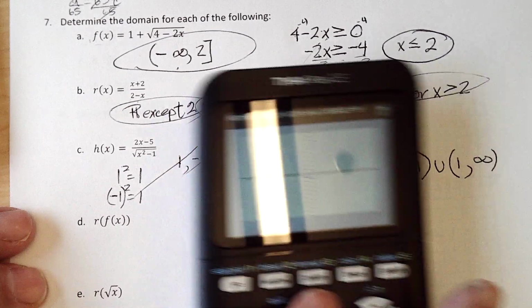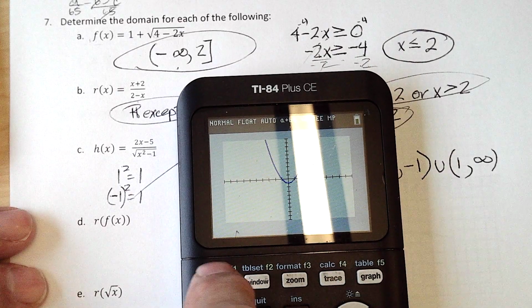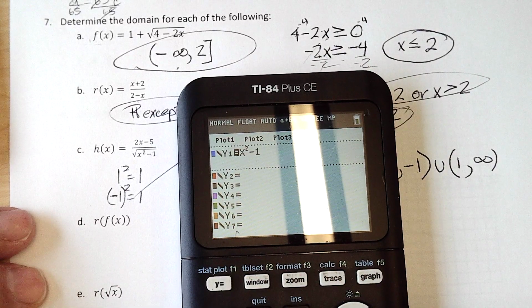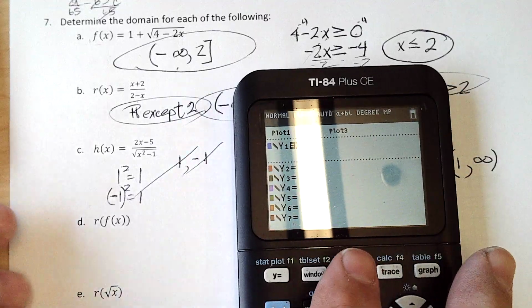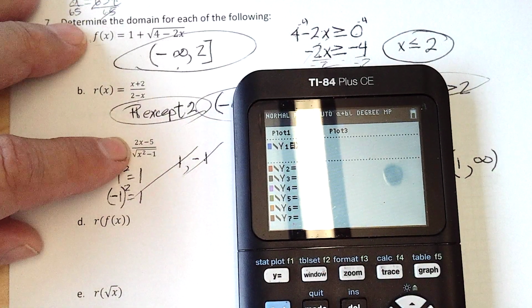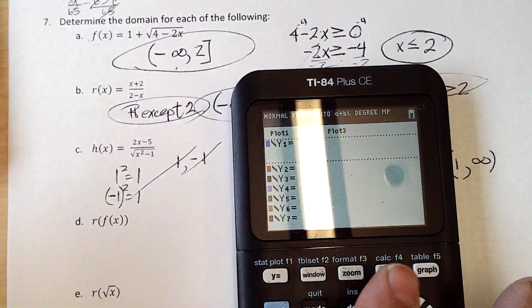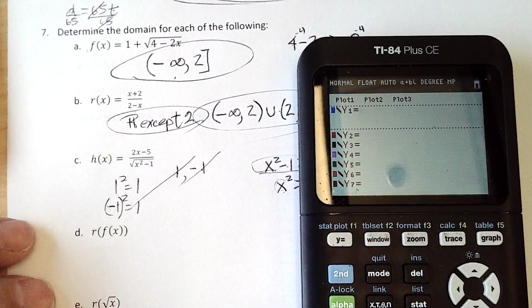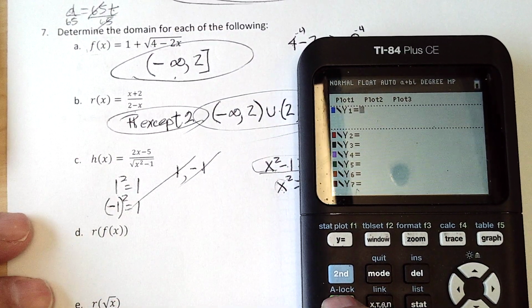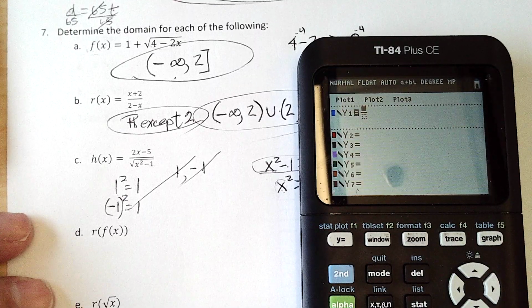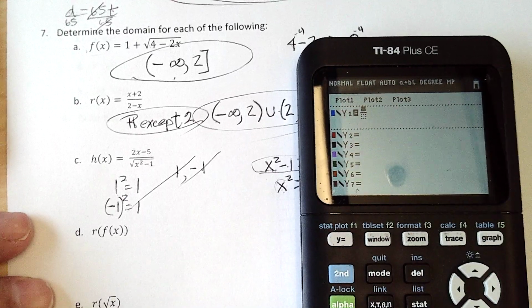Now, you can see that if you graph the whole thing, which is, clear this, on the newer calculators, you can do a fraction. You can go alpha y equal, enter, and it'll make a fraction thing for you.